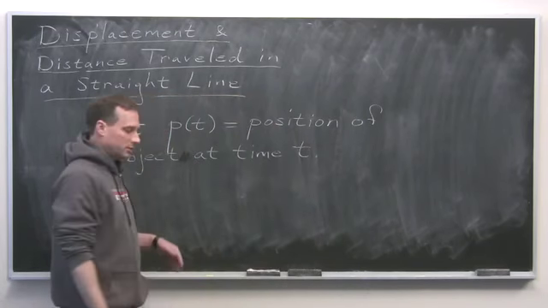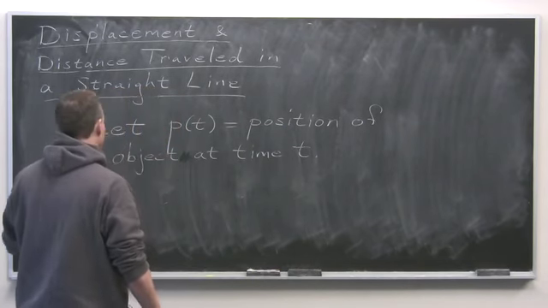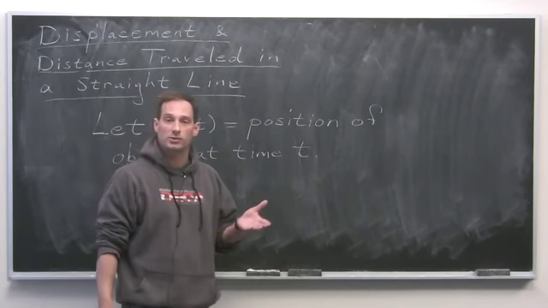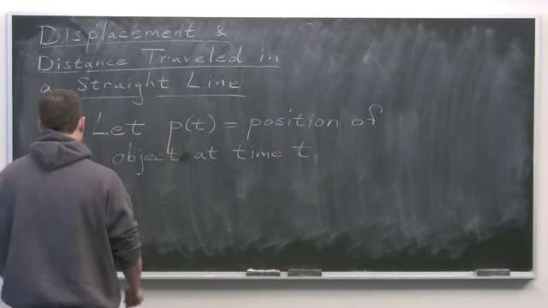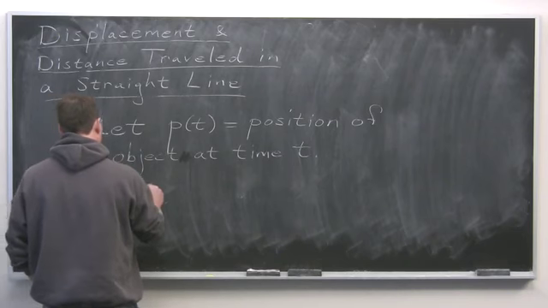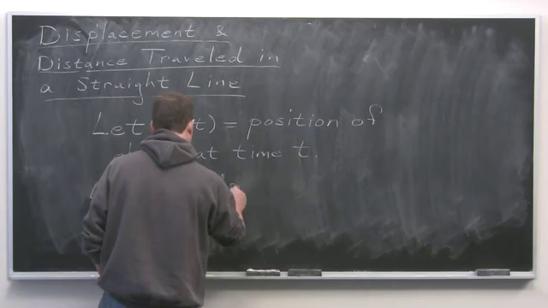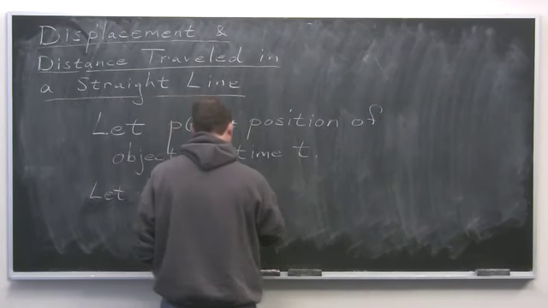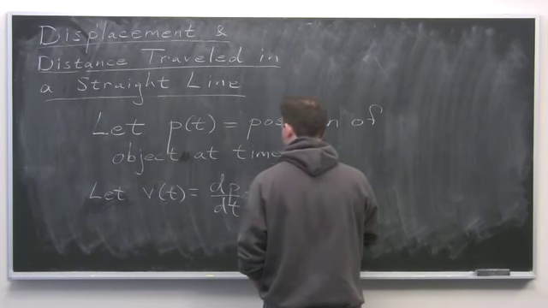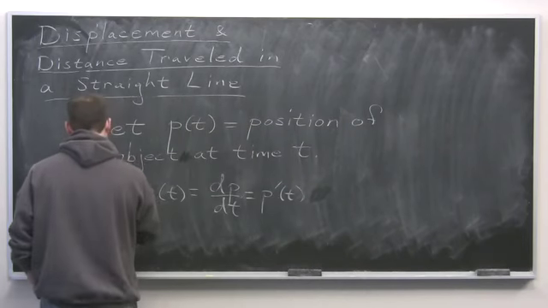I'm going to assume that P is differentiable so that we have a notion of the velocity function, and I'm going to assume the velocity function is continuous so that we can integrate it, so that we know it's Riemann integrable. So let V of t equal dP/dt, or what's the same thing, P prime of t, be the velocity of the object at time t.